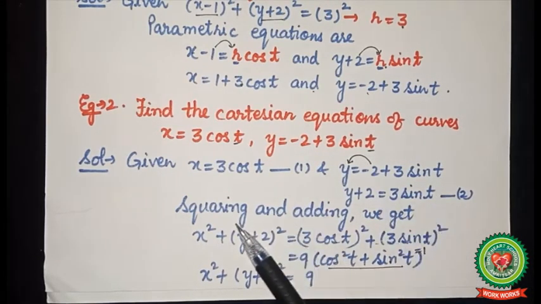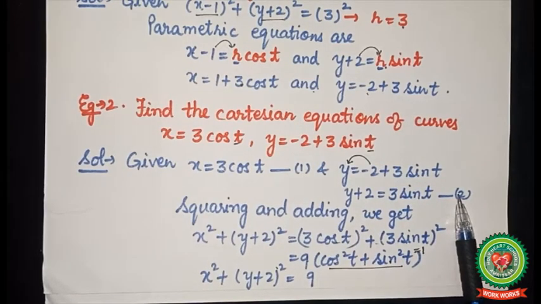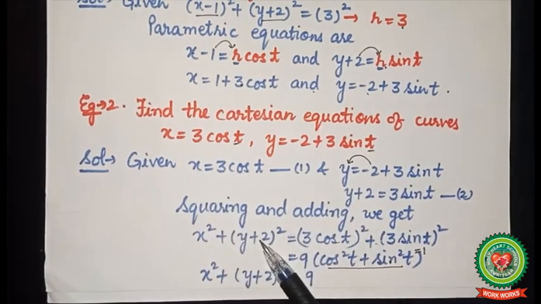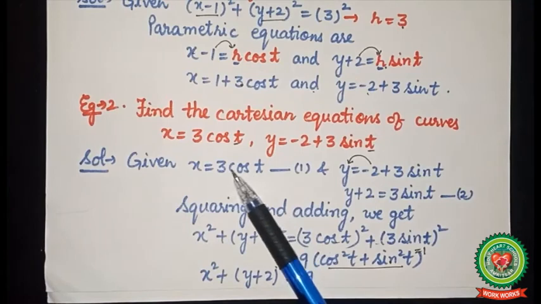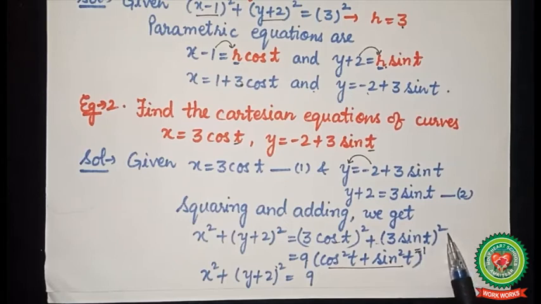Now, squaring and adding equation 1 and 2. We get on left hand side, it is x square plus y plus 2 whole square. On right side, it will become 3 cos t whole square plus 3 sin t whole square. Now when you solve the square, we get 9 cos square t plus 9 sin square t.